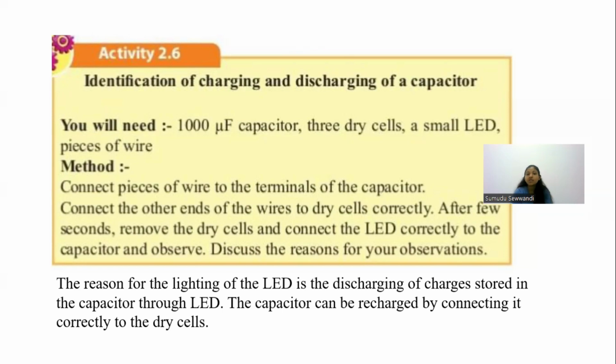But after we connect it to the LED, the LED takes these charges and gradually the capacitor is discharged. The capacitor can be recharged by connecting it correctly to the dry cells again. After connecting it again to a dry cell, we can store more charges in it. We can light the LED again.